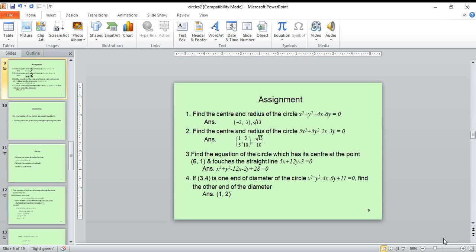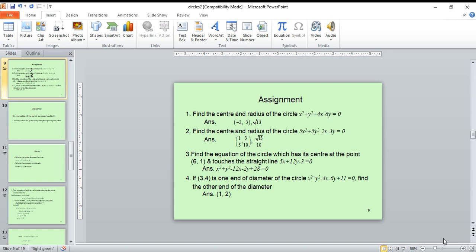Find the equation of the circle which has its center at the point (6, 1) and touches the straight line 5x plus 12y minus 3 equal to 0. Here the center is given and the straight line touches the circle, so using this we find the radius.